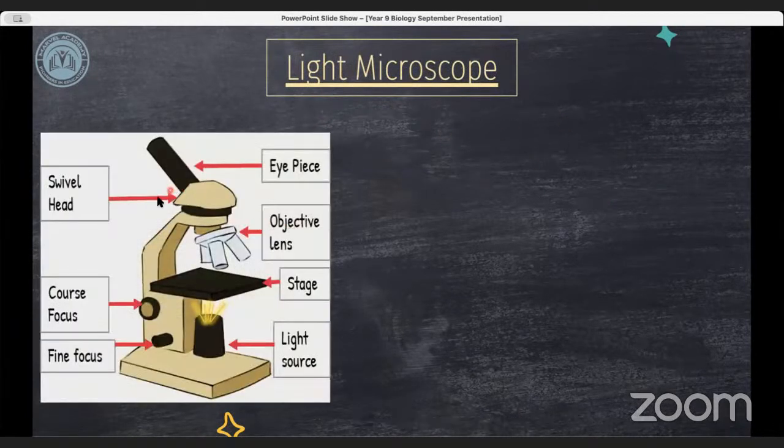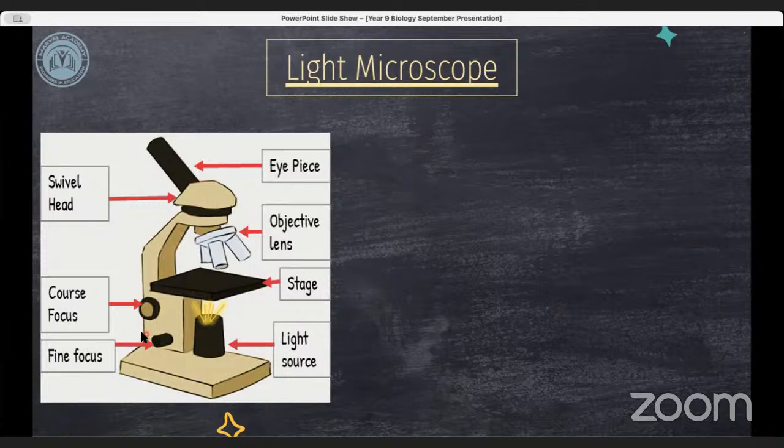So children, these are the parts you should know for the light microscope. Eyepiece, this part, right? And you have the swirl head. Sometimes, depending on the microscope brand, it's different. These are the common parts. If you see a real microscope, these main parts will be there, but there will be slight changes depending on the brand.